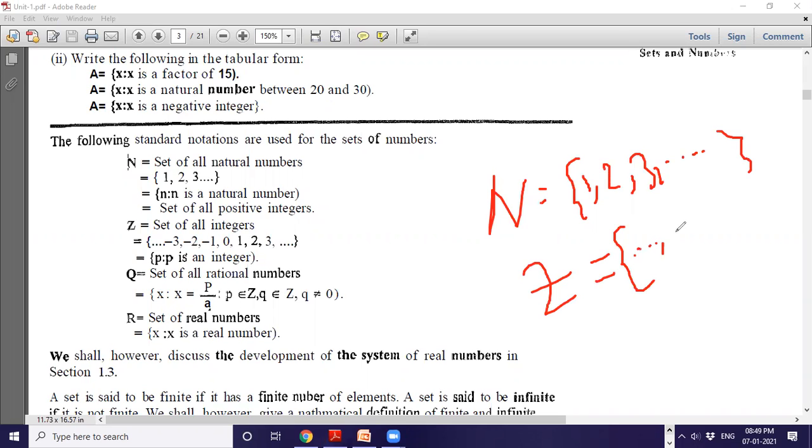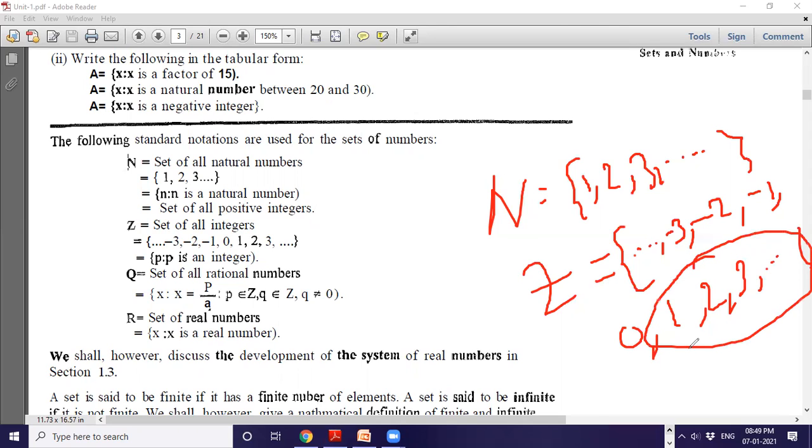Dot dot minus 3, minus 2, minus 1, 0, 1, 2, etc. Right. If you consider this part, what is this part? This is N, set of natural numbers.